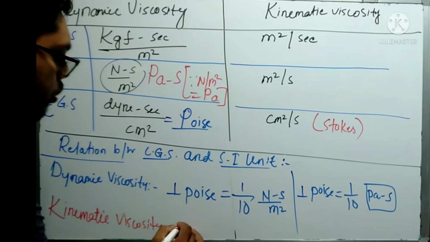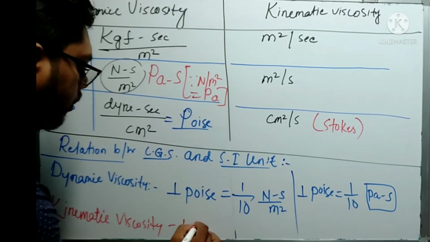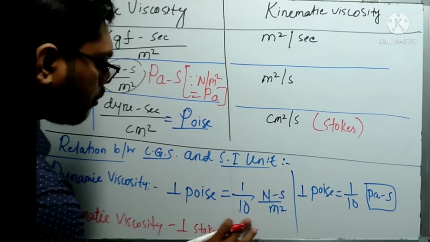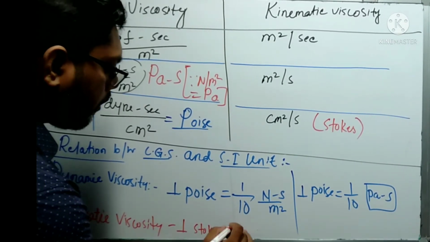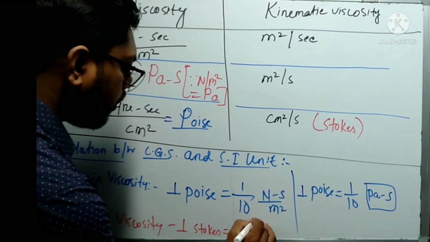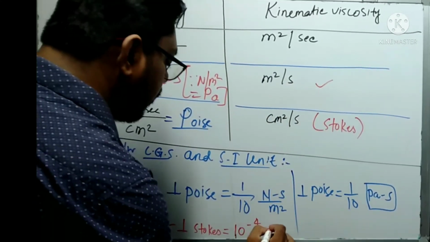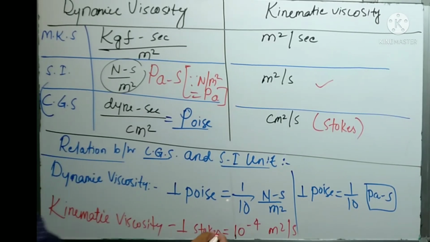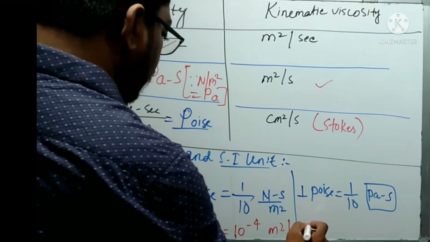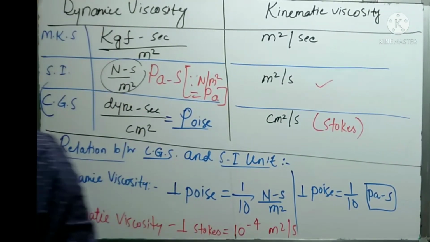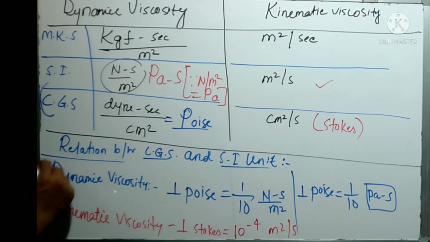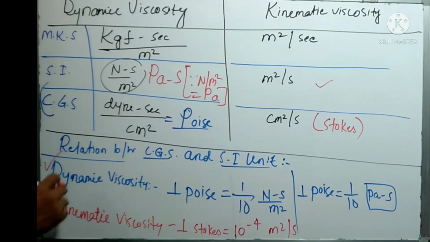So 1 Stokes is equal to 10 to the power minus 4 meter square per second. Clear? 1 Stokes is equal to 10 to the power minus 4 meter square per second. So that is the relation between the CGS and SI units of viscosity, that means dynamic viscosity and kinematic viscosity.